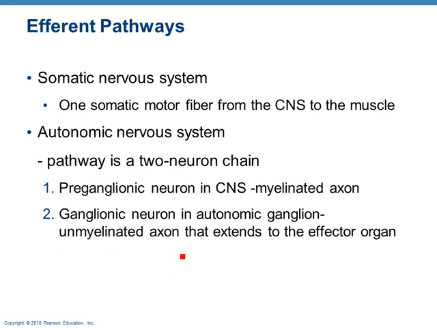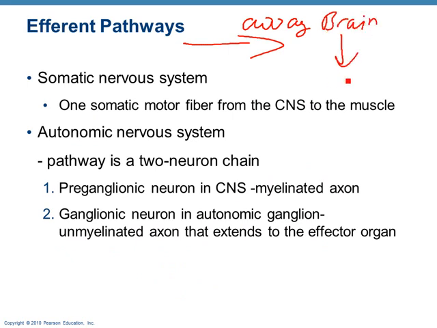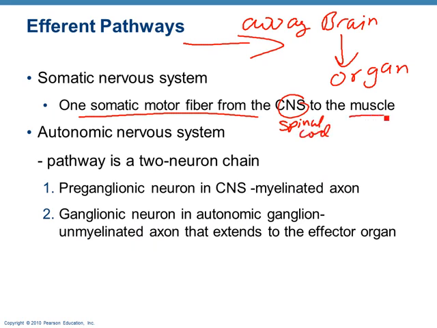Okay. The efferent pathways, the response pathways, the pathways going away from the central nervous system. So out, away from the brain and spinal cord, out to the organ that's going to respond. When you're talking about the somatic nervous system or the skeletal muscle, it's one neuron that goes all the way from the spinal cord to the muscle.